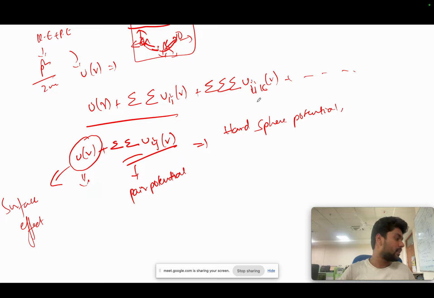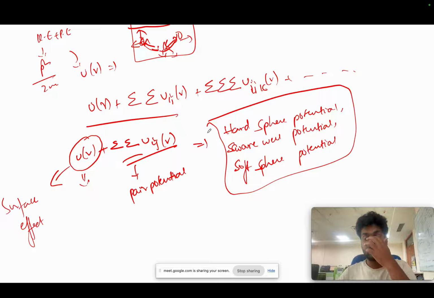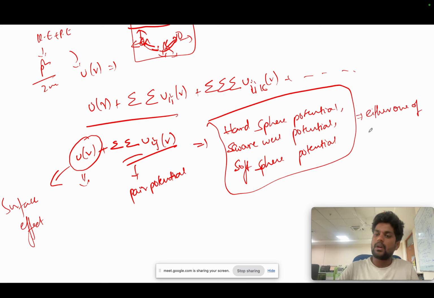Then we have the square well potential, and then the soft sphere potential. So we have these three. The derivation of these three was discussed in the last class and even in the third class. These three focus on either attraction or repulsion, but not both.